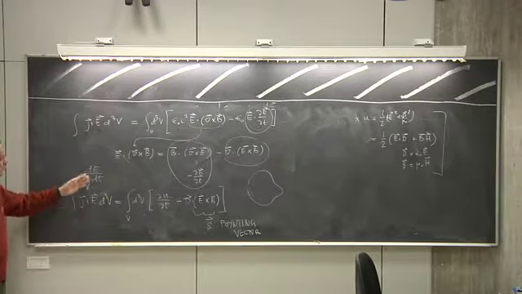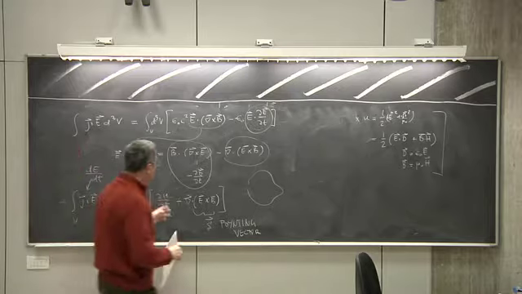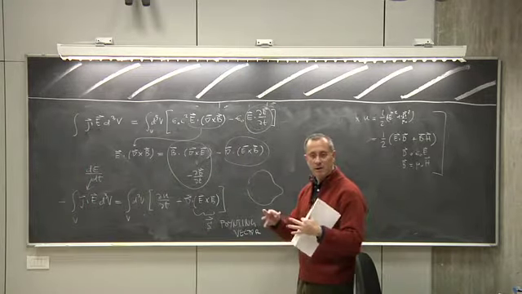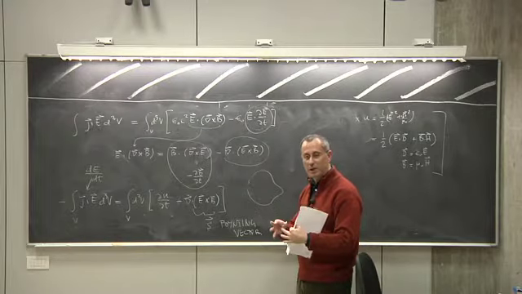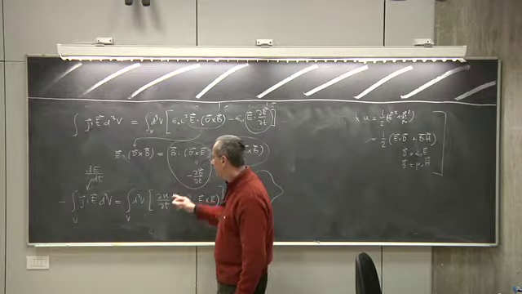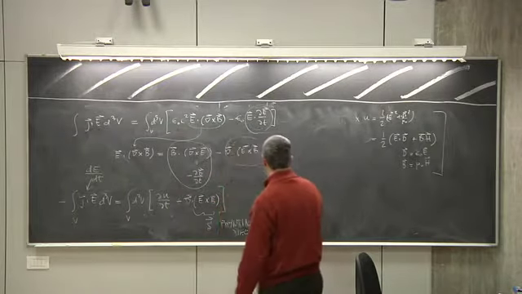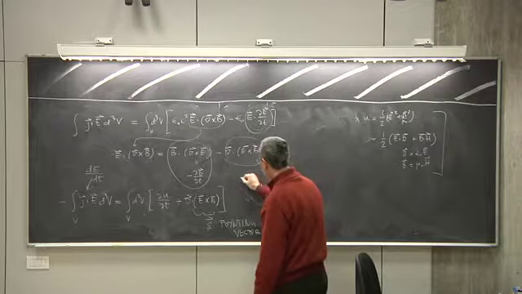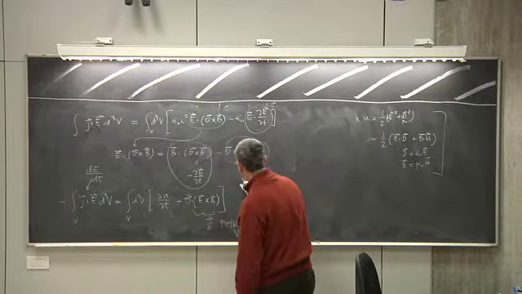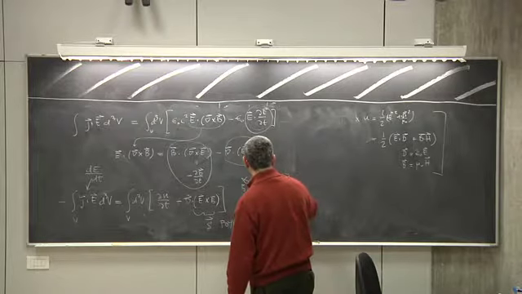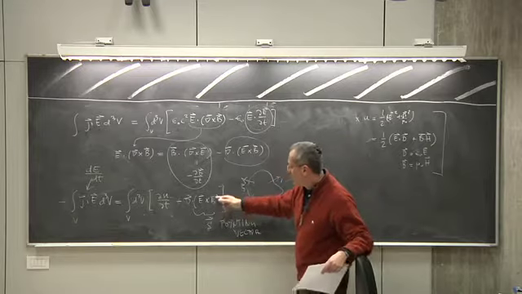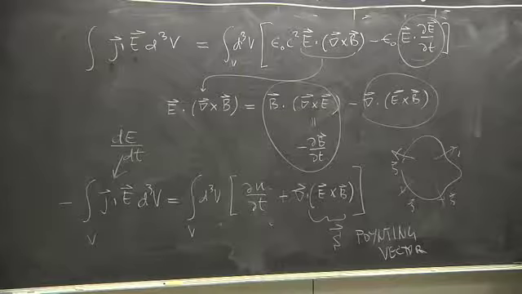The change in energy in this volume can be either because the fields are changing in size, so they decrease or increase, which is taken into account by this partial derivative, or because there is a flux. This is a divergence of this vector, so there is some flux of these fields going out or in, and this is quantified by the Poynting vector.